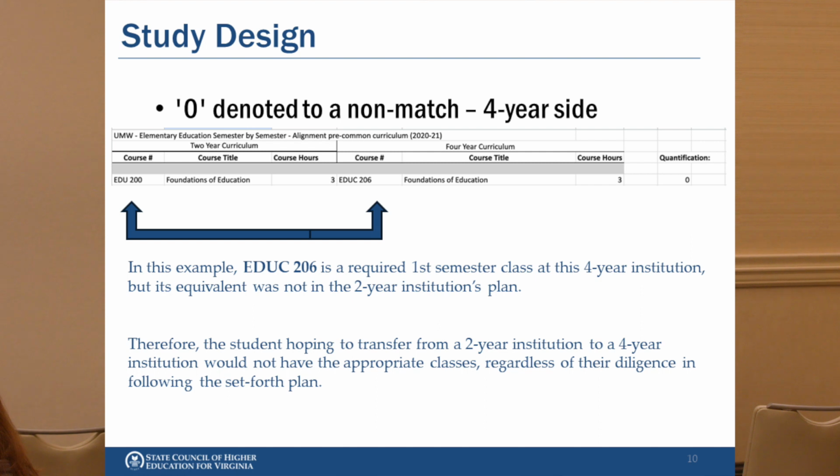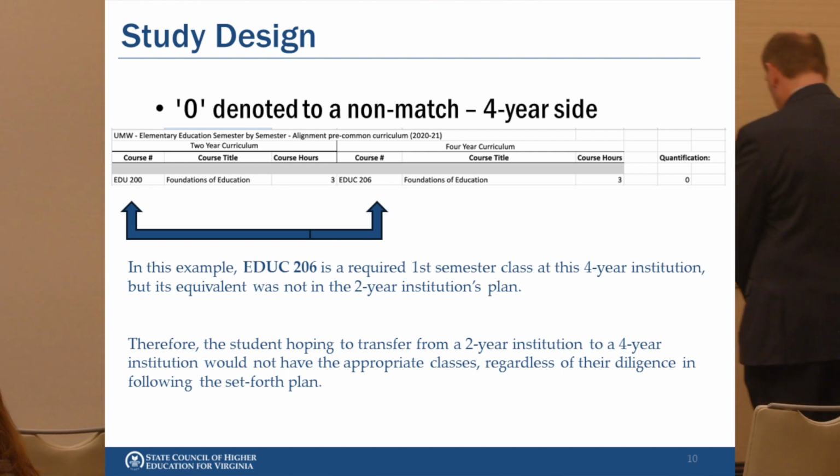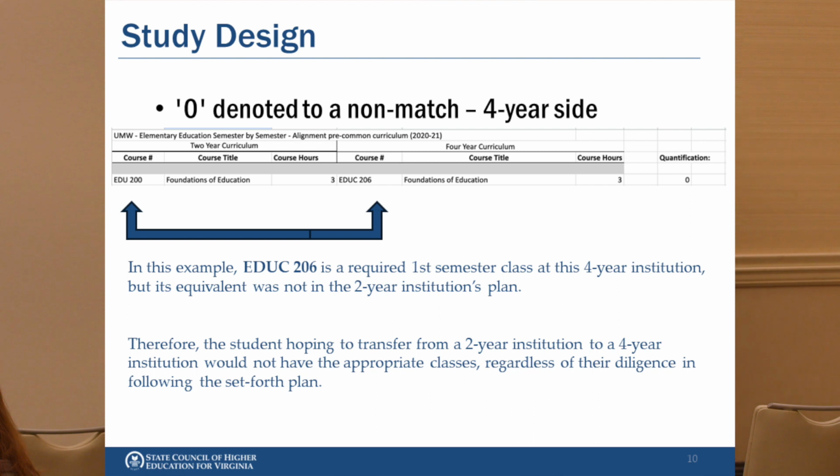In this case, the student would have an excess credit that does not transfer to their degree graduation requirements. They also would be a bit behind because they would have been expected to get this course in one of their first 4 semesters, but they didn't because these two do not transfer. Therefore, we denoted this one as 0.